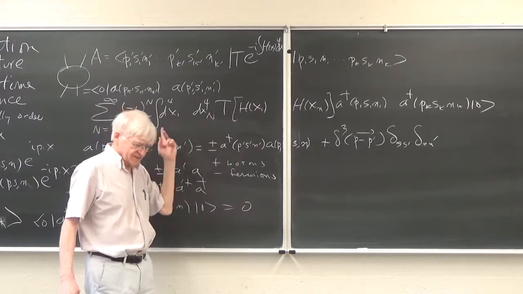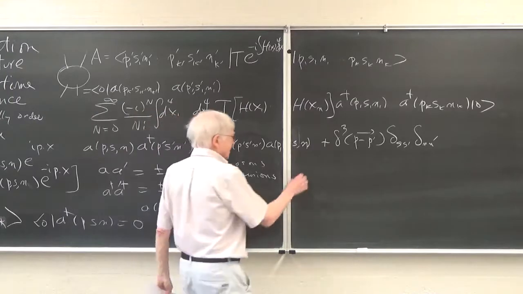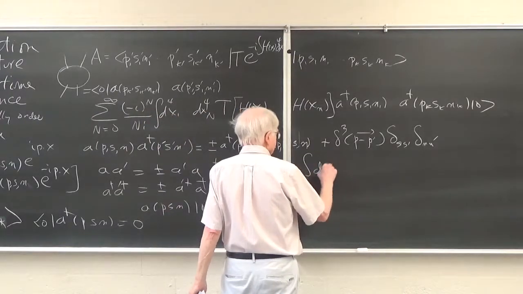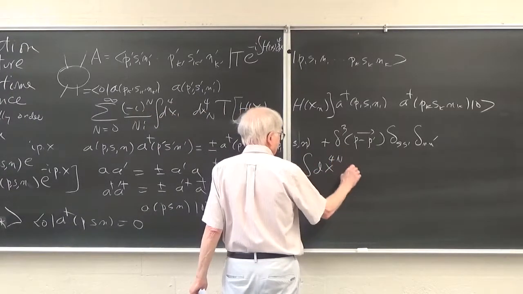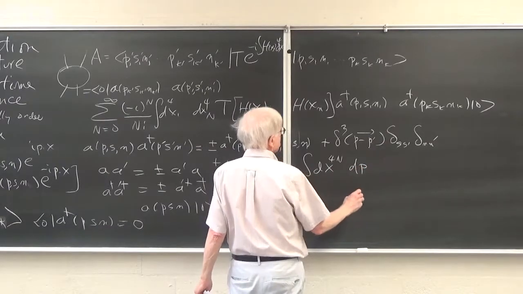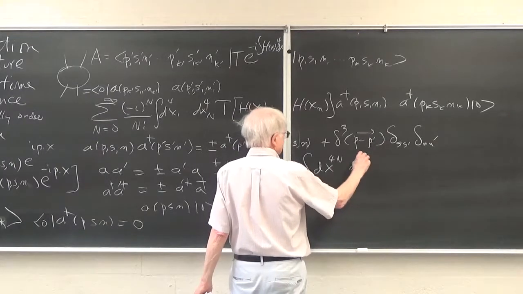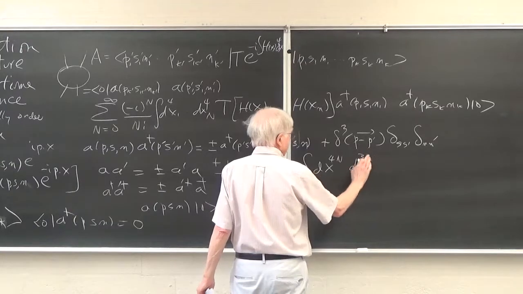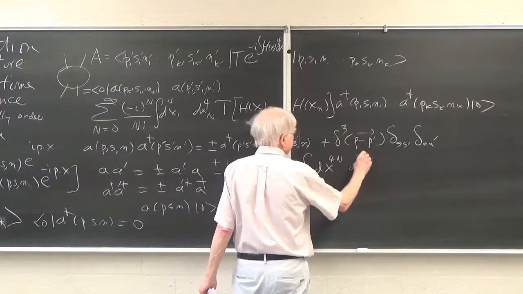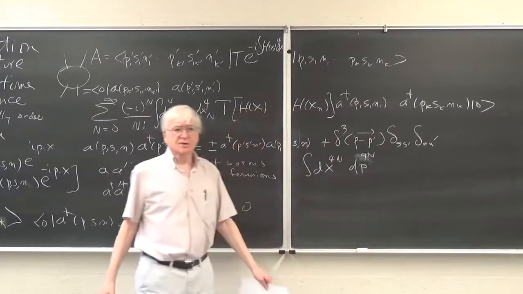So you're integrating dx to the 4n, dp to the 9n.